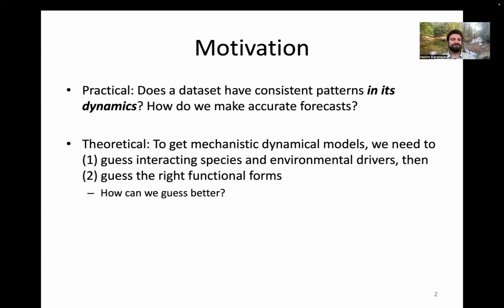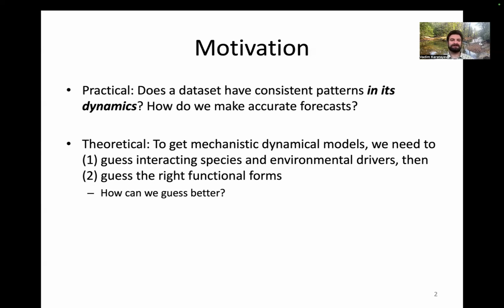But to do that, we need to guess the right interacting species and environmental variables that are important in a system, and then guess the right functional forms for how all these things interact. This takes a lot of biological knowledge, a lot of data, both directly and indirectly, often some time series as well, and some very careful statistics of how we integrate the dynamics and our data.